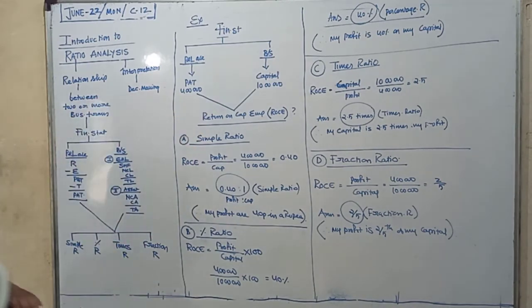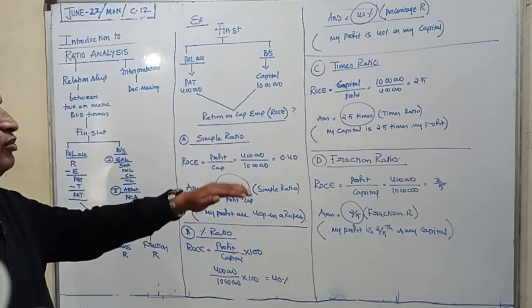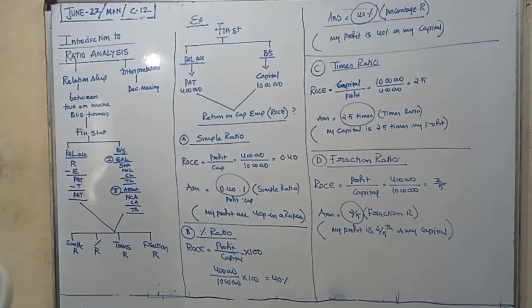So in every problem, your final answer would be in one of these modes of expression. So that is what a ratio is. And what does this mode of expression do? It enables us in analyzing the data, that is interpreting the data. Why do we need this? We need this for decision making.